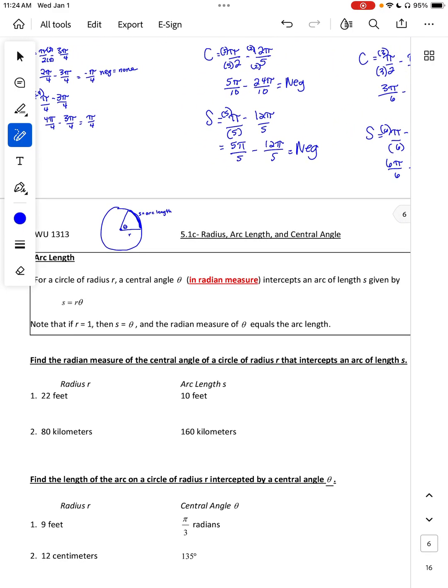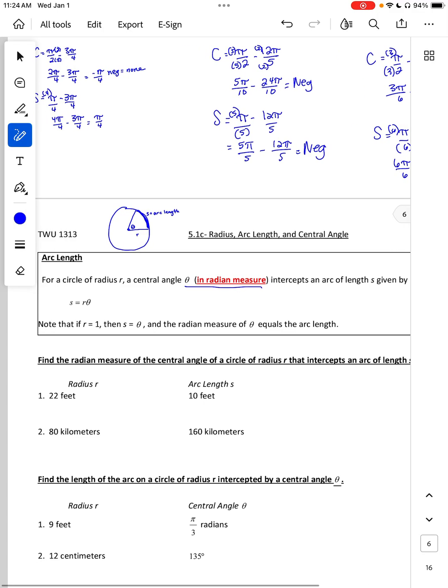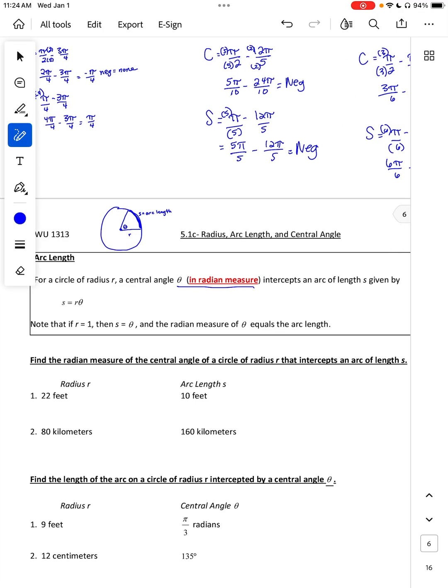So for a circle with radius r, a central angle theta in radian measure, so we may have to convert, so we'll look at that in a minute, intercepts an arc length S given by S equals r times theta. So sometimes we will have to rearrange this formula, but we have arc length equals our radius times our central angle.